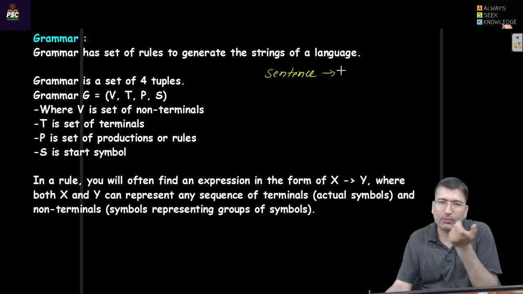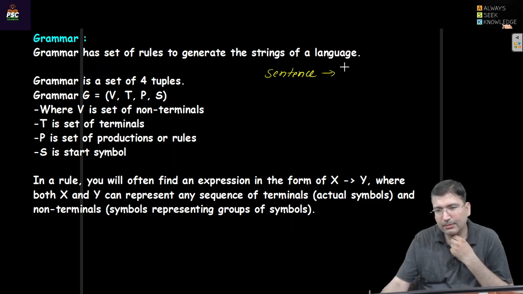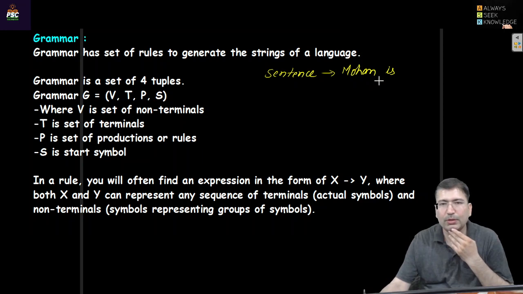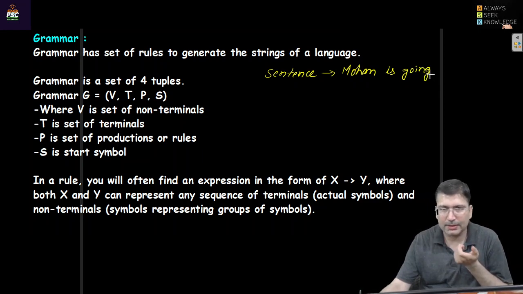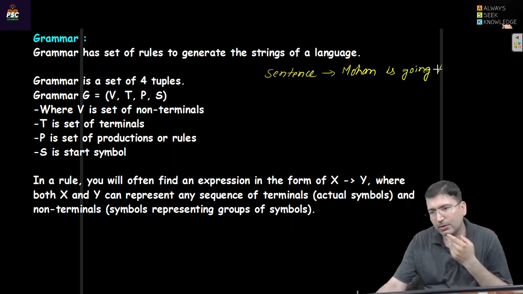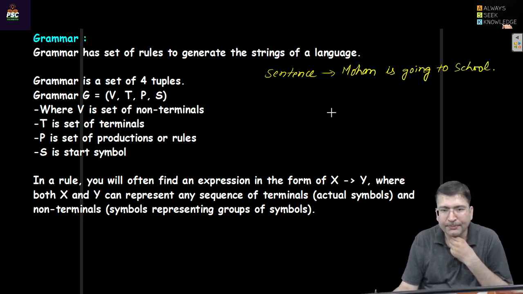Those are available in the vocabulary of the language. So Mohan is a legal word, the name of a person, a legal string in English. Going is a legal word in English, to is a legal word, and school. So this is a sentence, right?